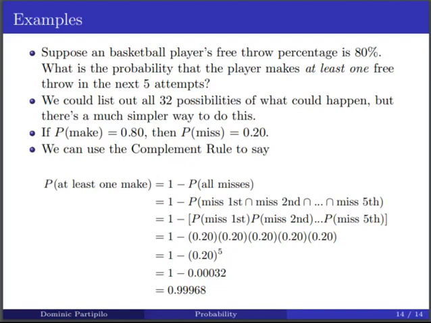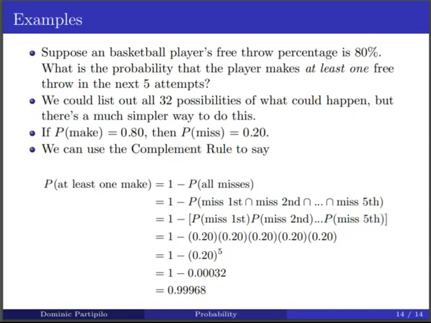The probability of making or missing the second shot is not at all affected by whatever happened on the first shot attempt. So since these are independent and we have an intersection here, we're allowed to multiply each of these individual probabilities. So we could turn this whole thing into the probability of missing the first shot attempt times the probability of missing the second shot attempt, all the way until we multiply by the probability of missing the fifth shot attempt.